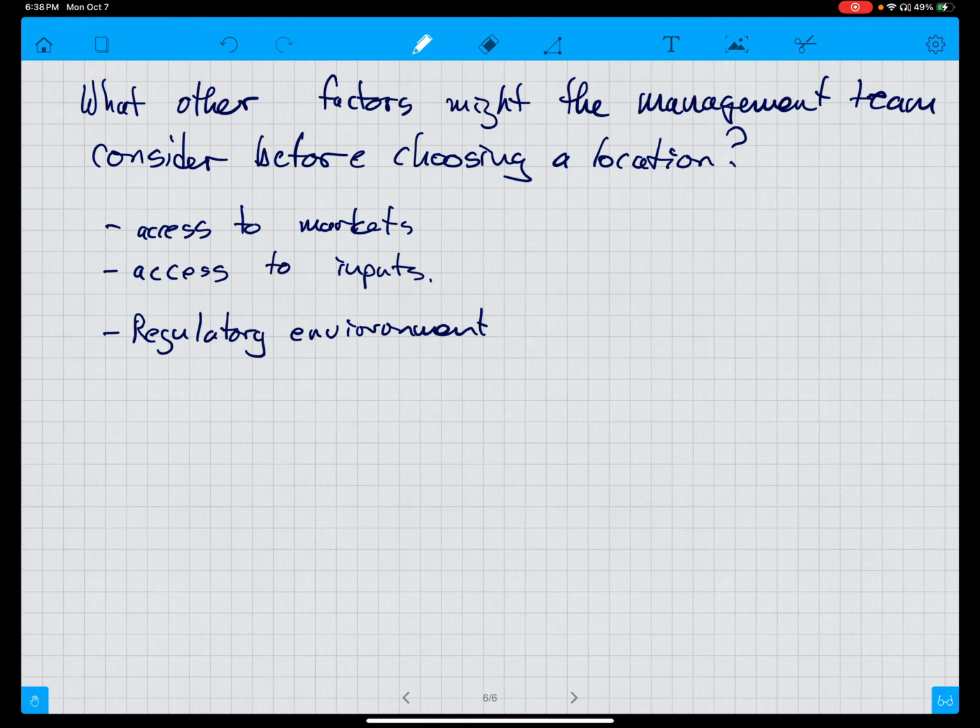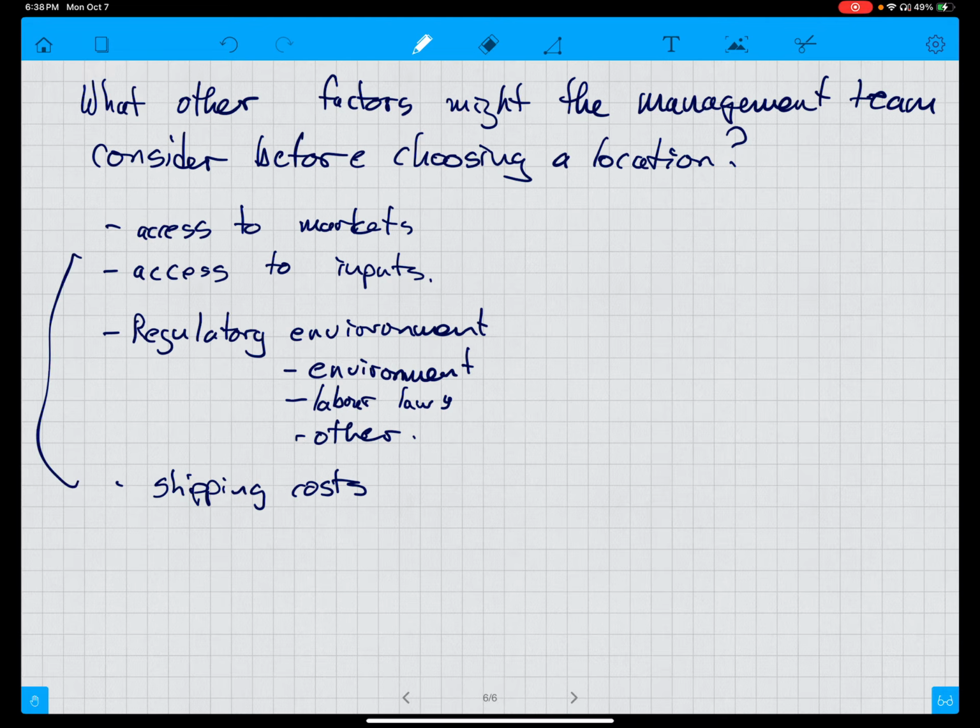I didn't talk about benefits. We could look at environment, labor laws, and other factors. We could look at shipping costs. That's related to these ones.